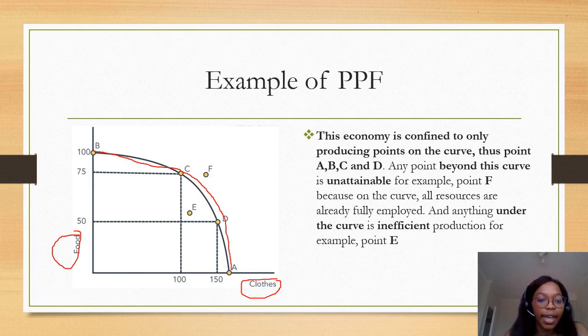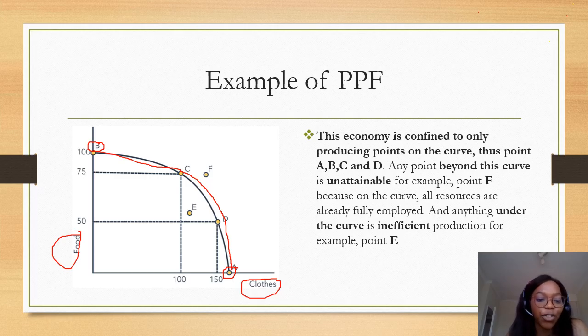You can see point B there, it's when this economy decides to devote all of their resources to producing food. Therefore, they will have zero clothing production, or they can decide to produce only clothes. Therefore, they will have zero food items in their economy. This is not ideal. No economy will produce here, but it is possible. It's a possibility.